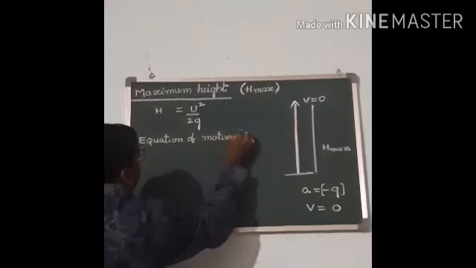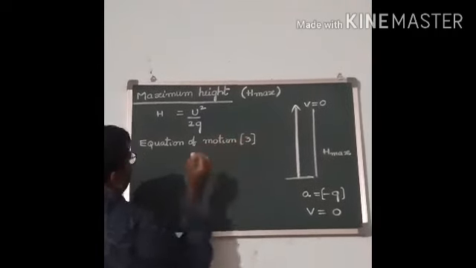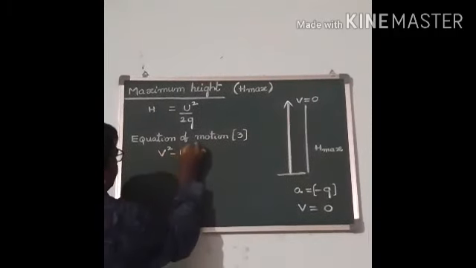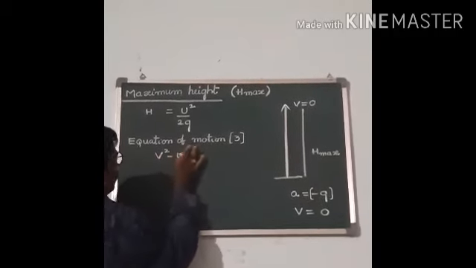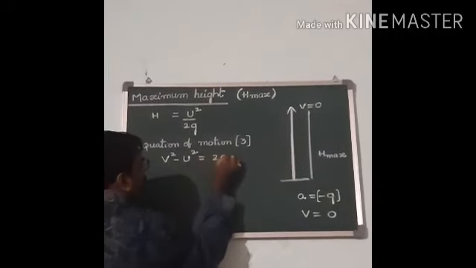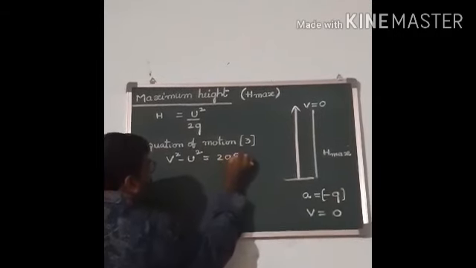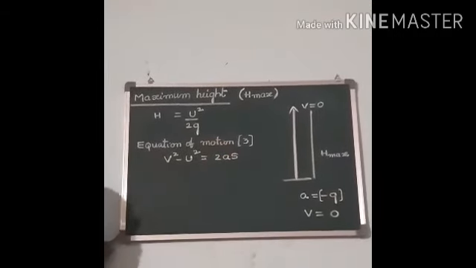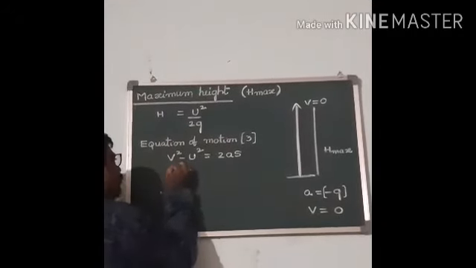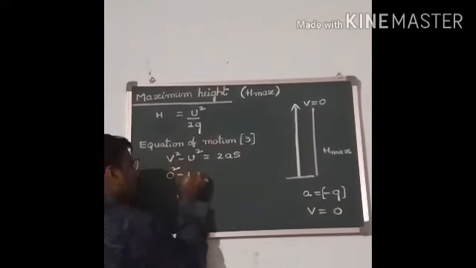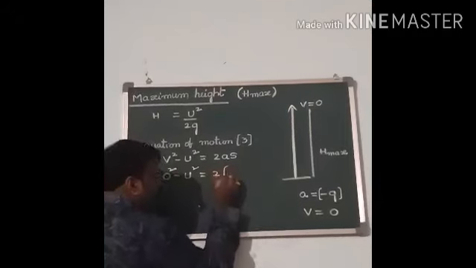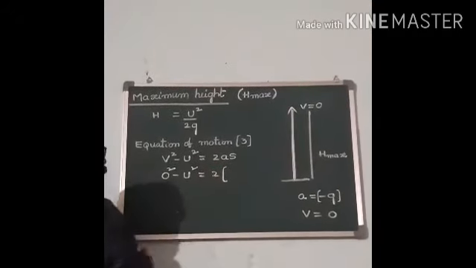What is equation of motion number 3? v square minus u square equal to 2as. Here v is 0, so 0 square minus u square equals 2 into a, which is minus g.